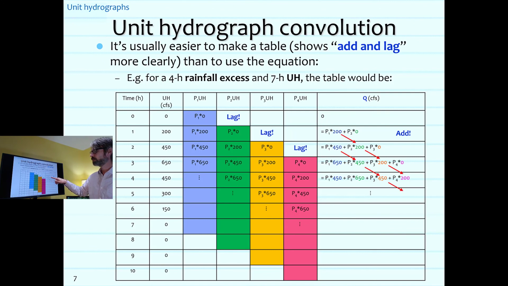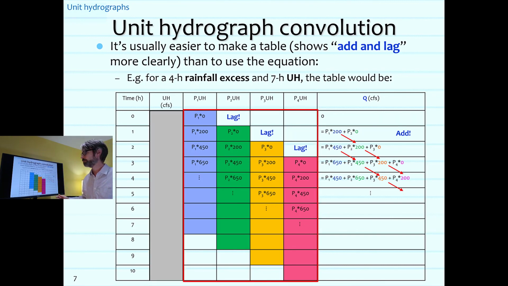You can see there's a number of different patterns. The first is the entire first column, the second column, the third, and you can see that the numbers move downwards by 1 hour. That's the lagging, of course. It's important to note that I'm using these central columns here.